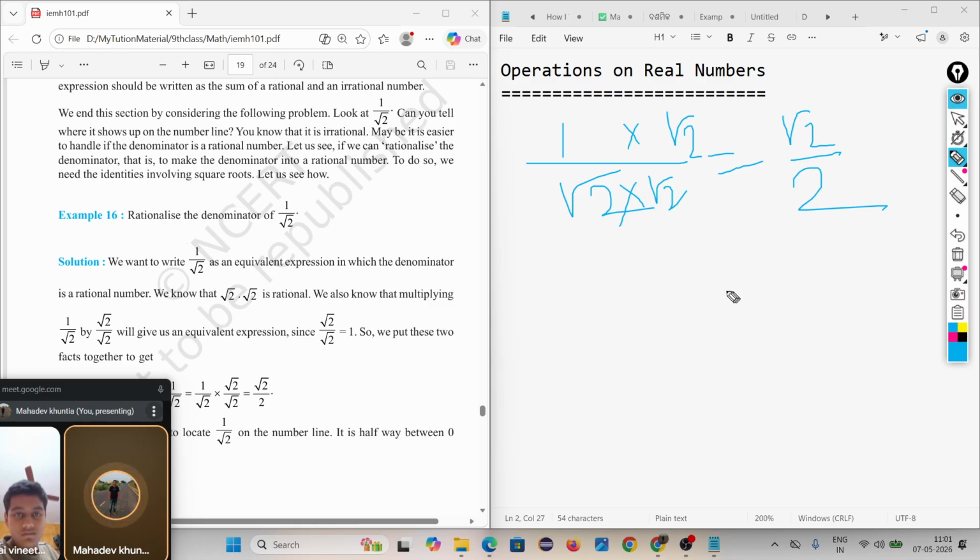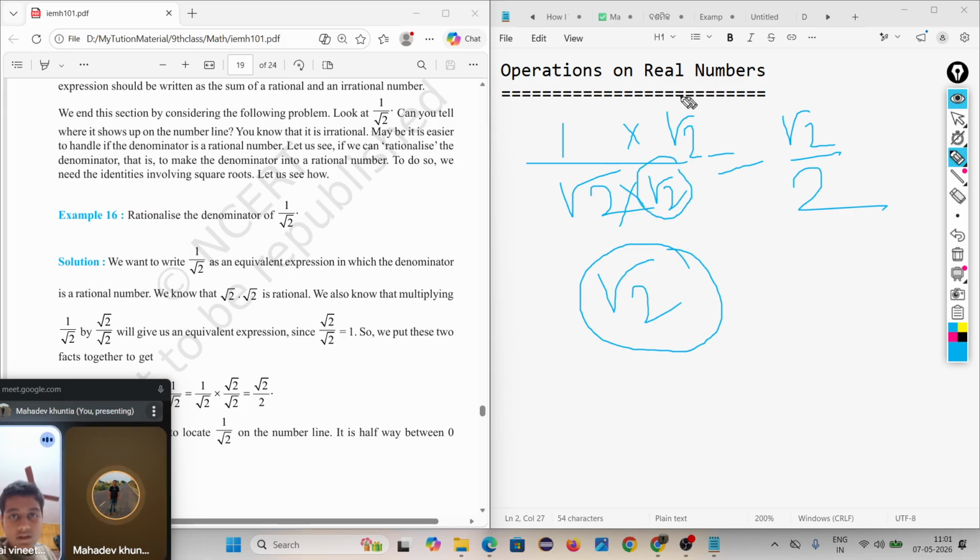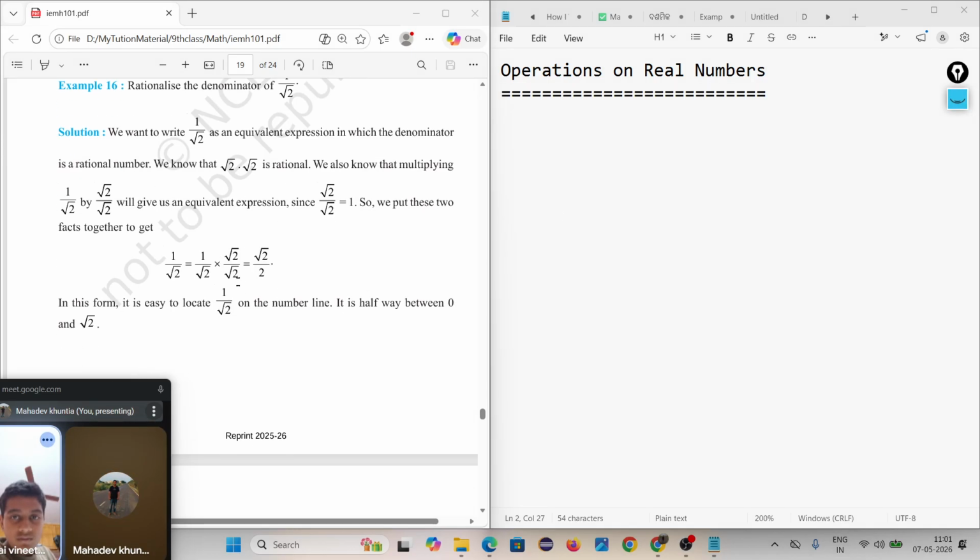The question comes like this: rationalized factor. Rationalized factor means here you are multiplying with root 2. This is called the rationalized factor. Do you understand? Yes, sir.